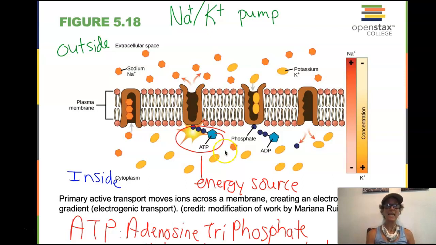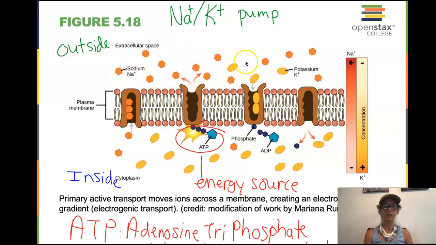So to maintain this differential of our sodium and potassium ions, this transport protein will first bind to 3 sodiums that are on the inside where sodium is low. ATP energy forces a conformational change, a change in the shape of that transport protein, closes it to the interior, opens it to the outside, and now we're maintaining a higher concentration of the sodium ions.